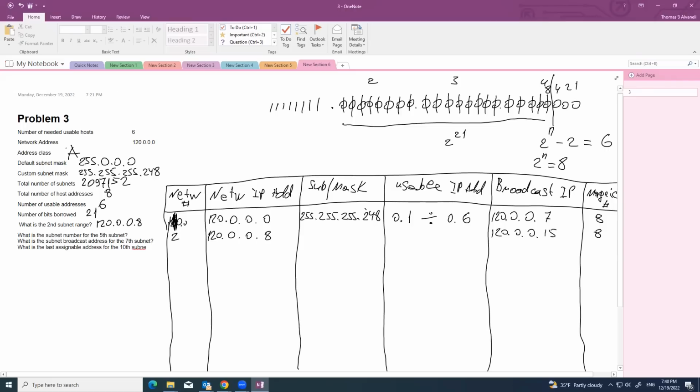So .15 is the broadcast address. So the range, I'll type here the first 3 octets, .15.